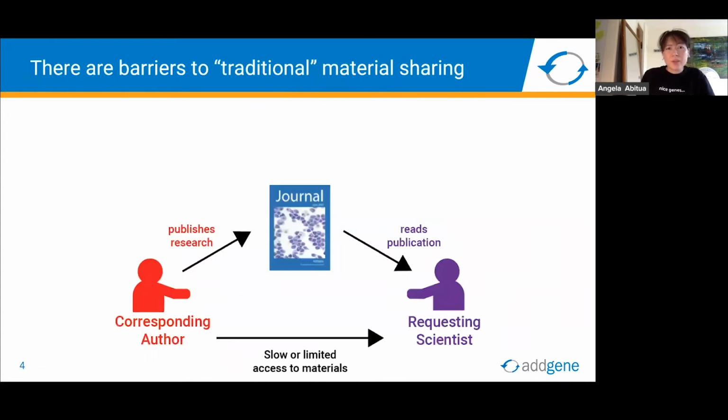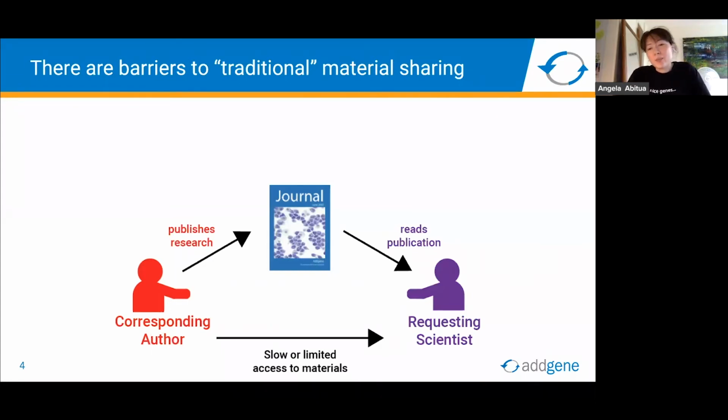And when it comes to the sharing of materials, this traditional way of sharing reagents has many barriers. So, we have the corresponding author that publishes their research, and they make their reagents available upon request.